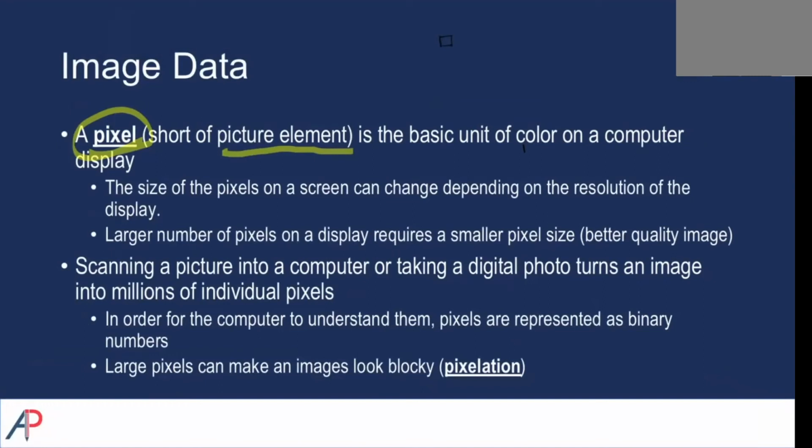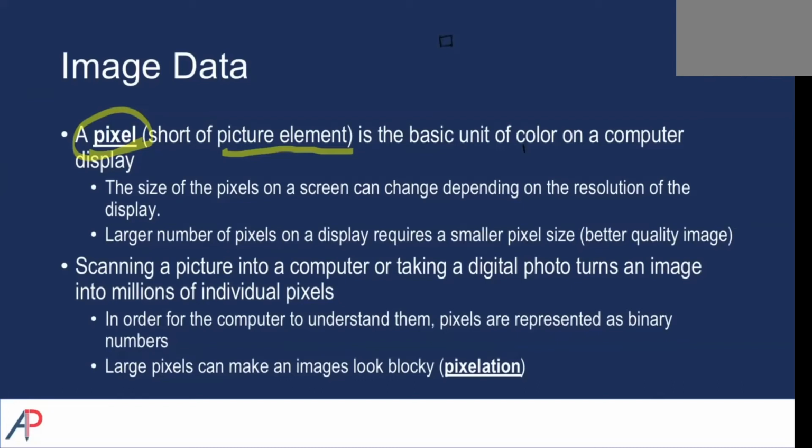The size of the pixels on the screen can change depending on the resolution of the display. If you have a high resolution, that's great, you have smaller pixels. But if you have a lower resolution, then your image is not going to look as clean because you'll be able to see the pixels more.